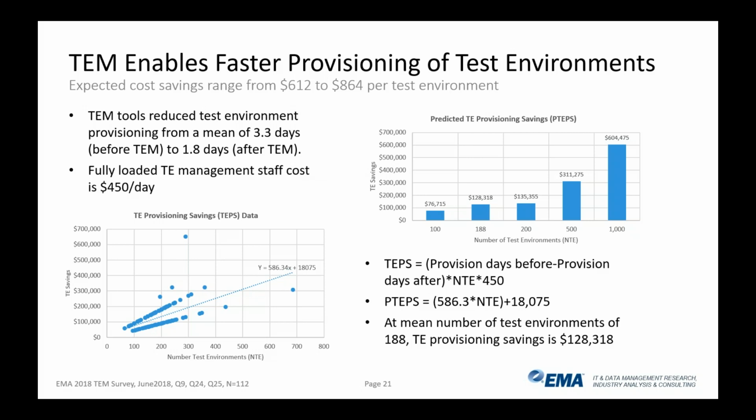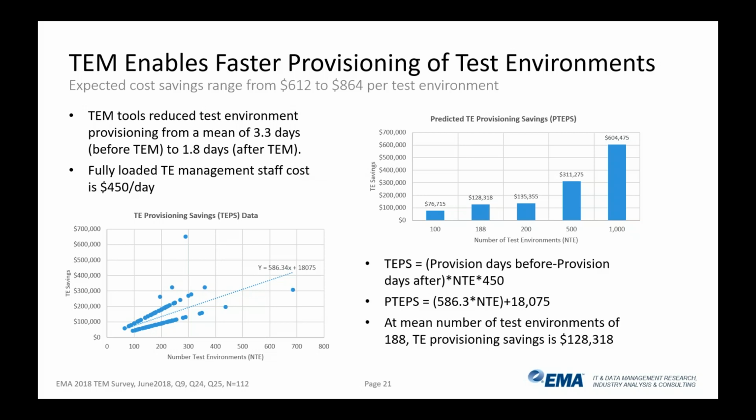The relationship that we built here was between test environment provisioning cost savings and the number of test environments. That gives us a predicted provisioning savings, which you can see in the graph in the upper right-hand corner. And now I also put in the mean number of test environments, which was 188, if you happen to remember.